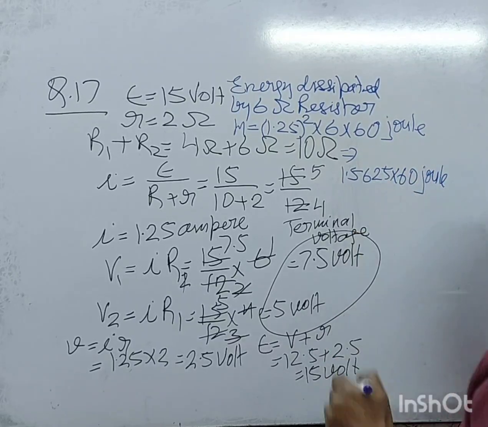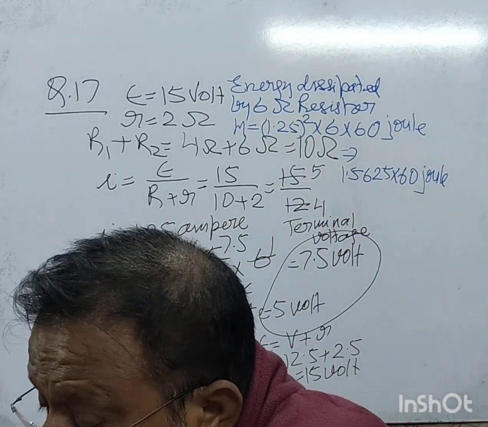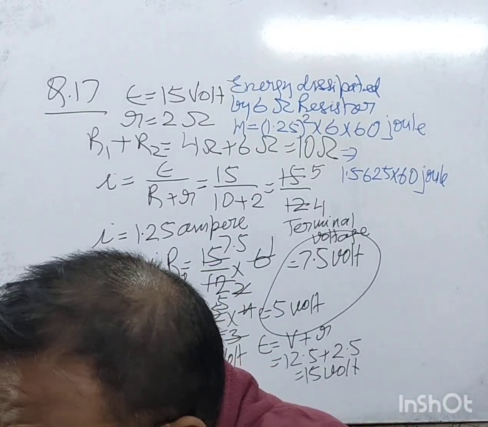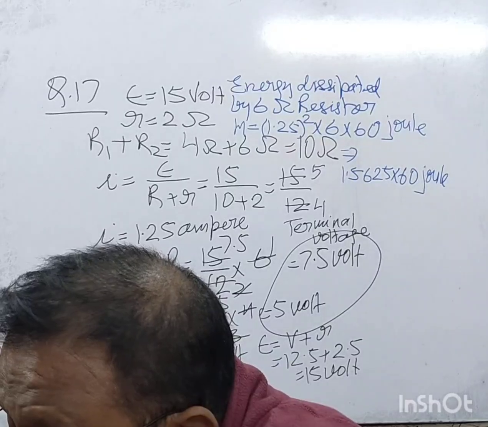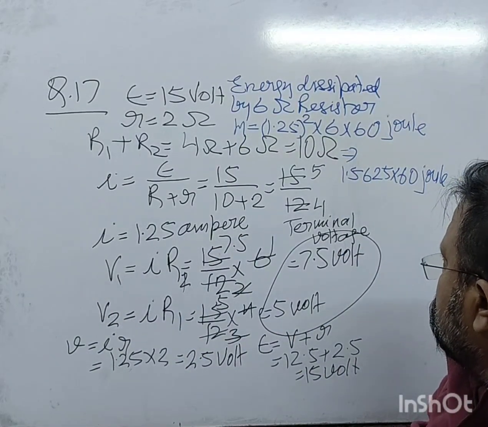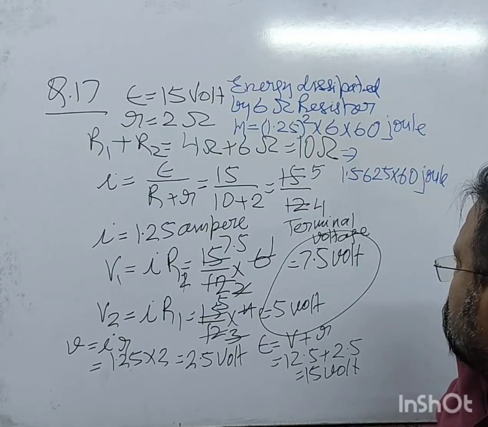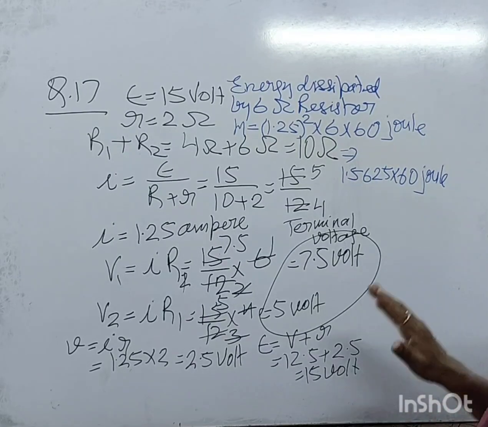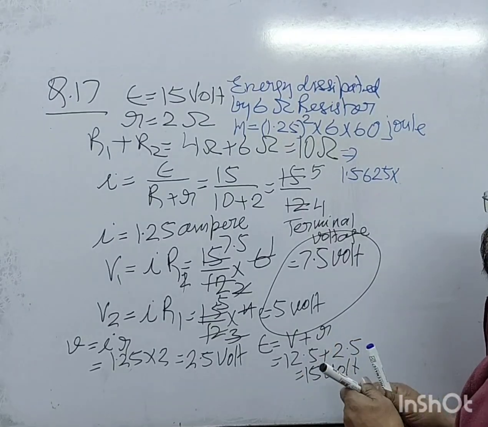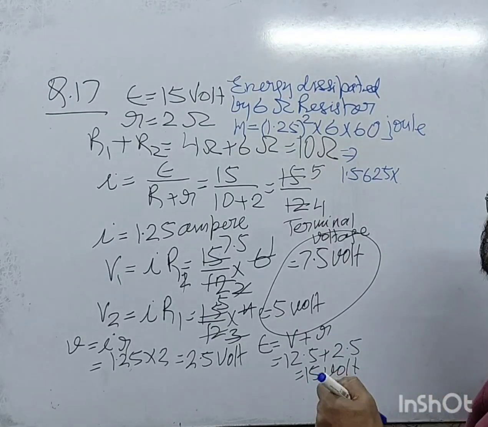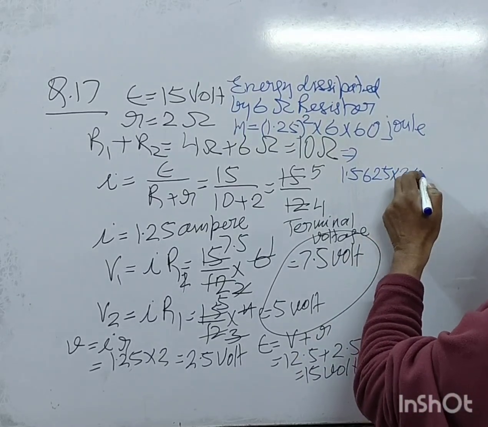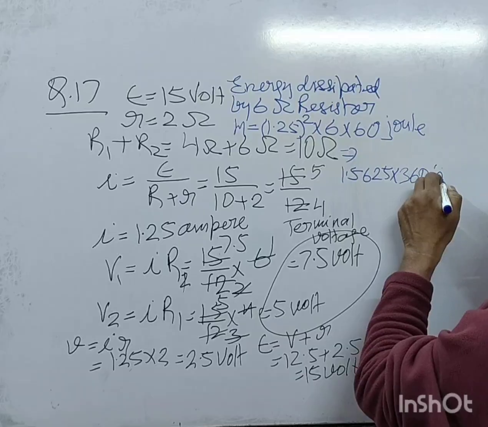Right? Now this is multiplied by 6, हमने स्क्वायर को 6 से भी इंटू किया. 1.25 square into 6 into 60. So it is 6 into 60 becomes 360. It will be 6 times 6 becomes 36. So it is 360 joule.